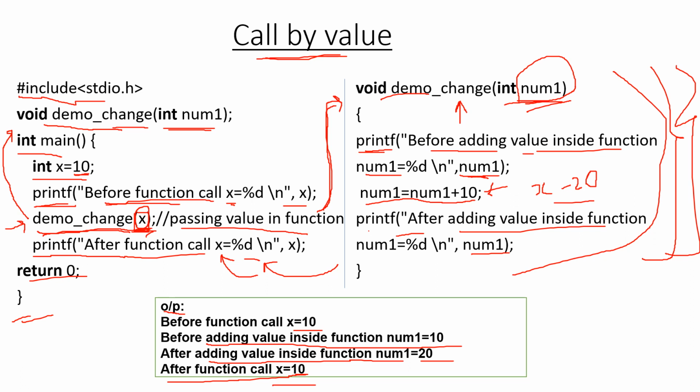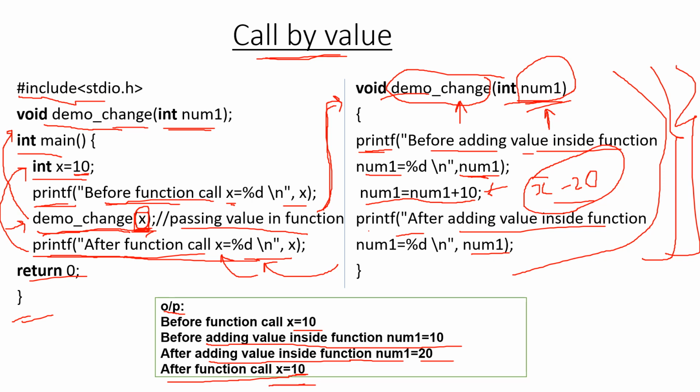The x here is no doubt the actual parameter, and it's getting the value of this num1 formal parameter, but it stays only inside this demo change function. Once it comes to the main function, the value of x doesn't get changed. It prints the same x which has been declared. So that is the main concept of call by value.